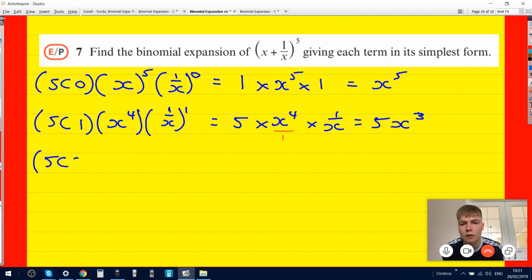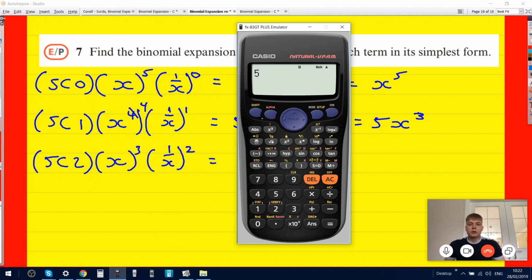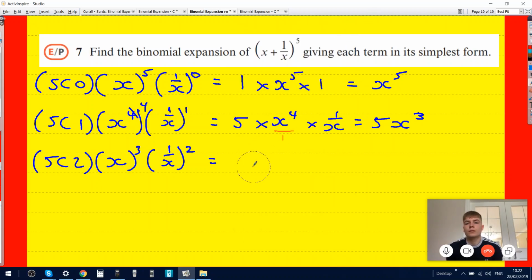5C2, x to the 3, 1 over x squared. So it'd be, hang on, 5C2. So that's 10, times x to the 3. Is that 2 over x squared?